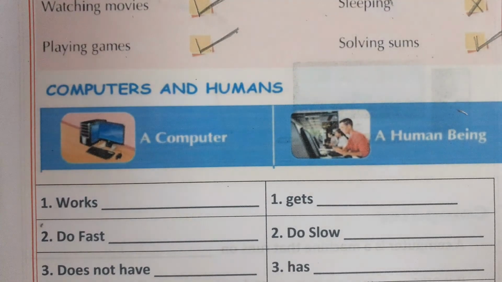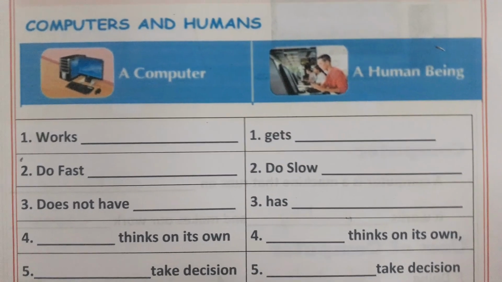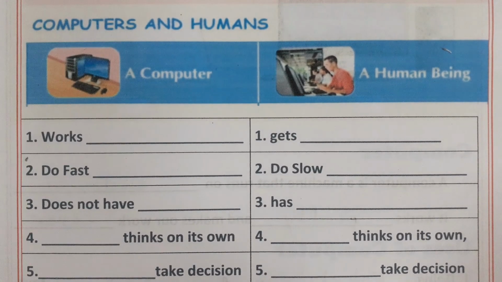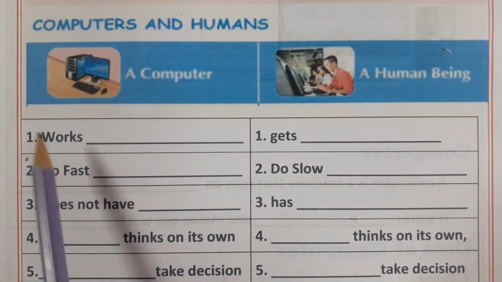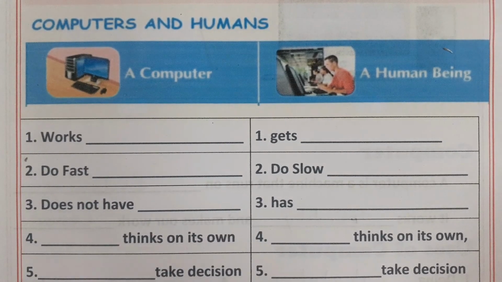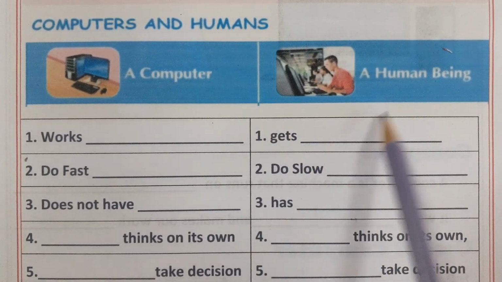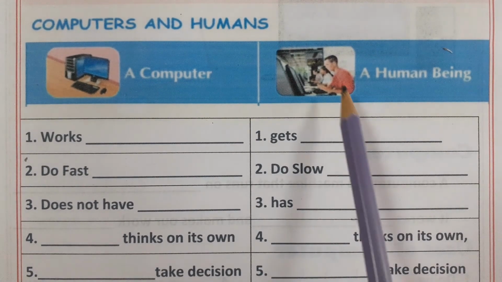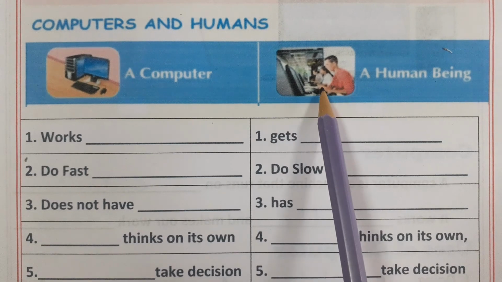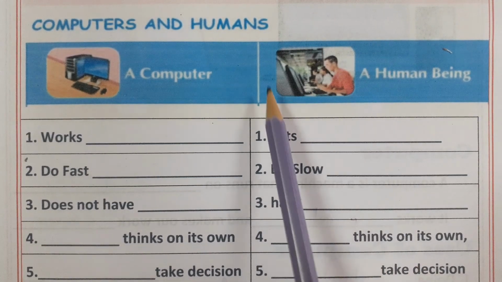See, what is the next question? This is a computer picture and this is a man. A man is sitting and doing something in front of the computer.